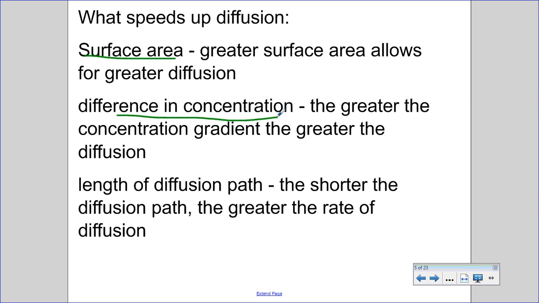The lungs will look to maintain very steep concentration gradients for oxygen and CO2 to move them in and out of the lungs. The length of the diffusion path will also affect diffusion: the shorter the diffusion path, the greater the rate of diffusion. We will see that cells within the lungs are very flat and thin to help shorten that diffusion path, to help the efficiency of getting things in and out of the lungs.